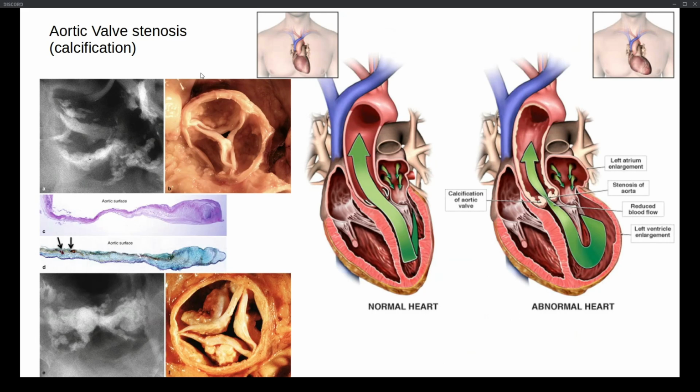So what does it mean? A stenosis means that you have a little bit here, and here's a very extreme example, for example a calcification of the valve. What happens then is that your valve can't open anymore, or at least not sufficiently.